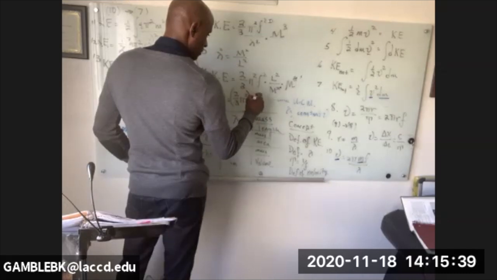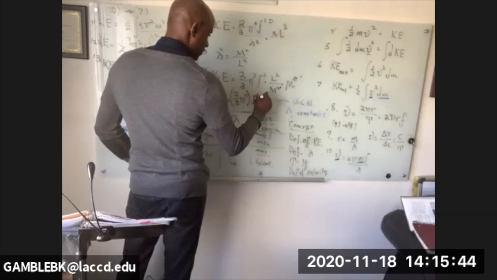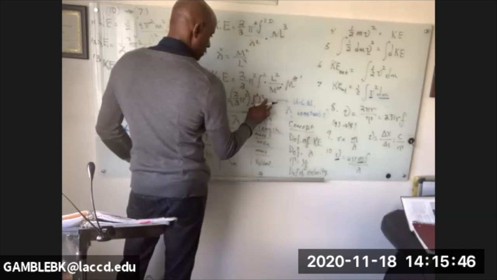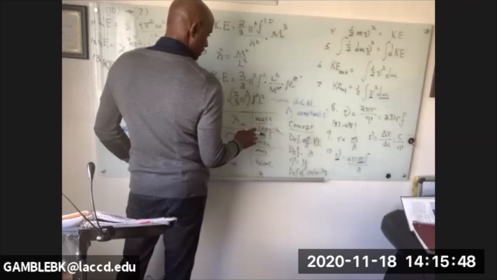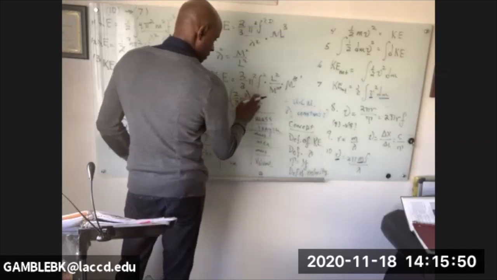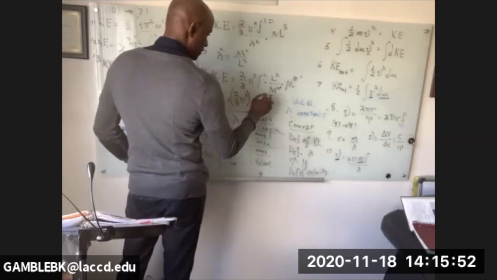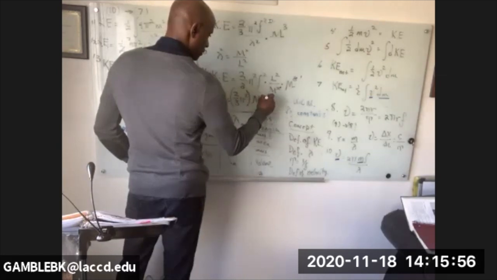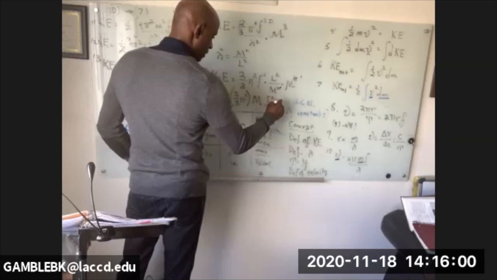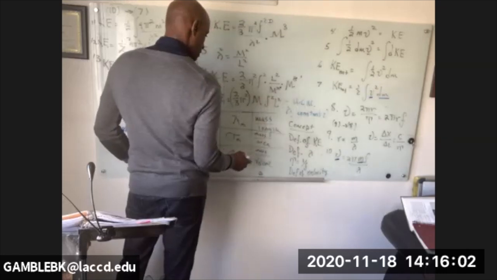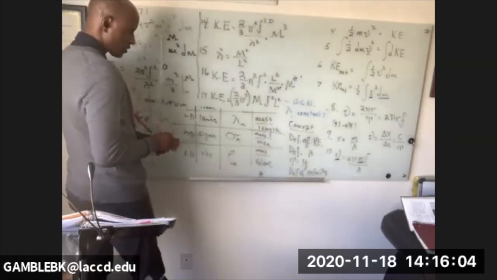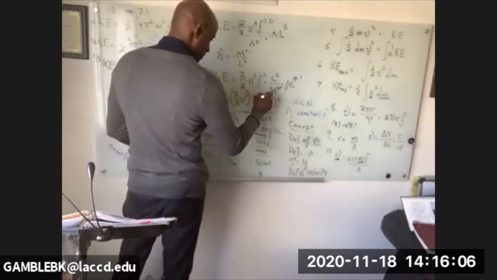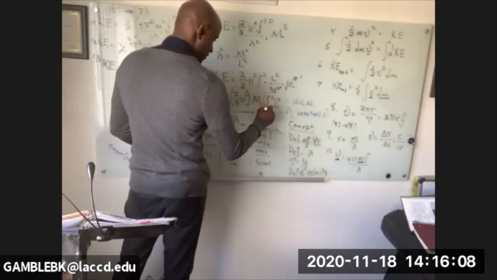I'm going to take the M and place the M next. So M. And then I'm going to do f squared L squared. Now, I'm going to show you a symmetry here. Put that in parentheses too.